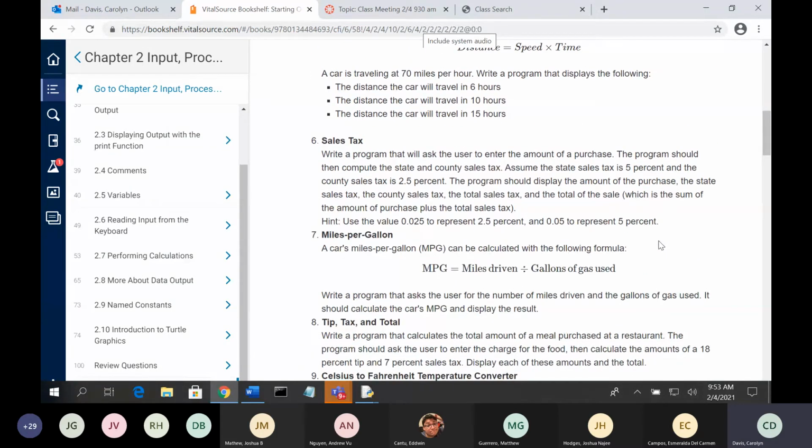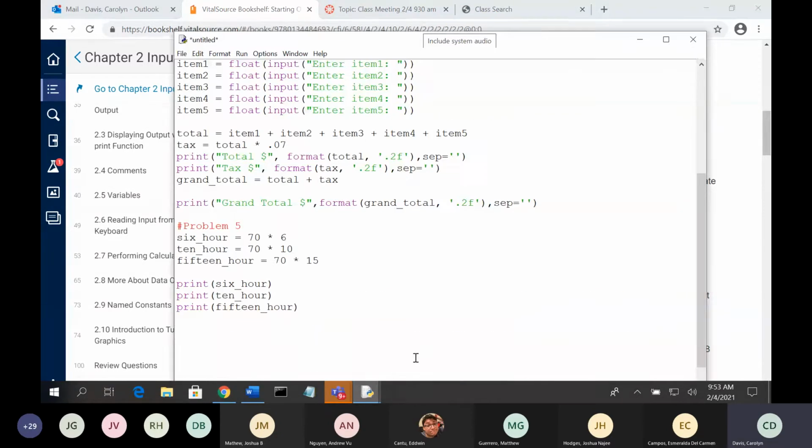Sales tax. Oh, this is similar to the one we just did. Write a program for the amount of purchase. And we want state and county tax. State is 5 and county is 2.5. I need to enter an amount.